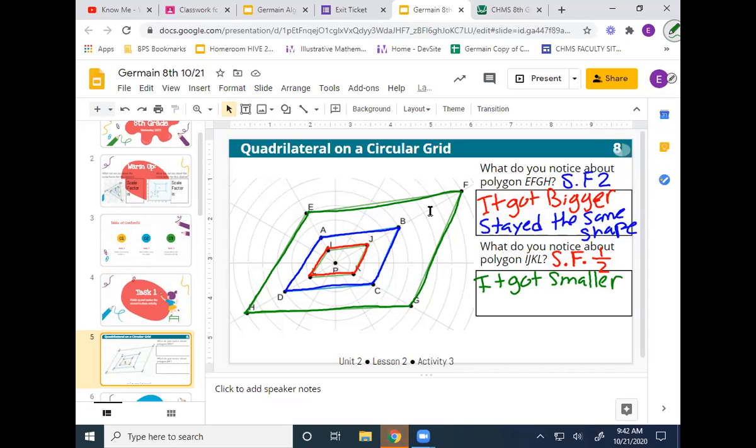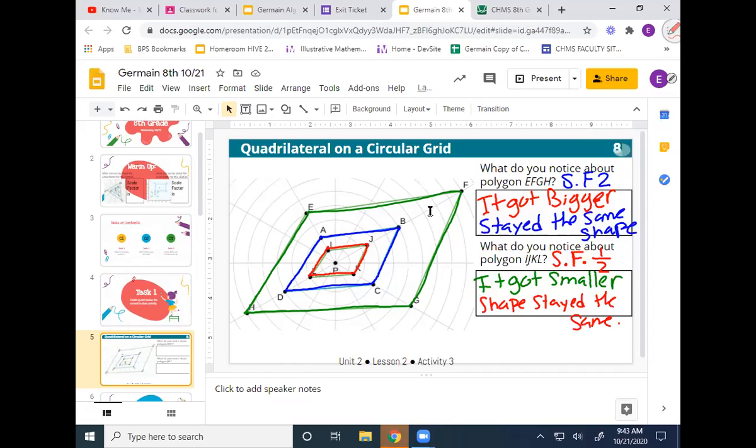It got smaller, but what stayed the same? The shape. The shape, very good. The shape stayed the same, but the size got smaller.